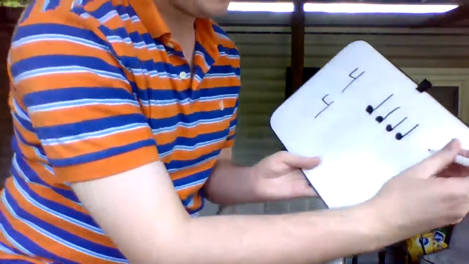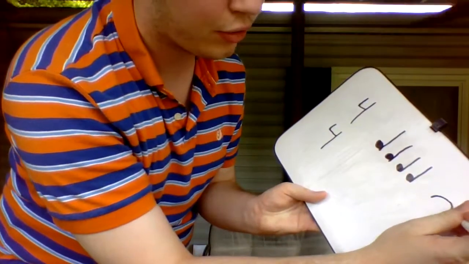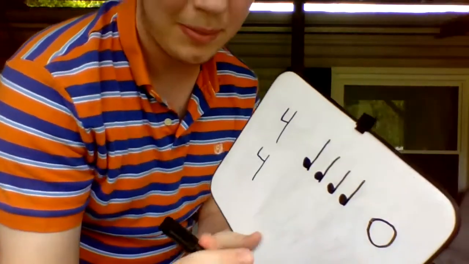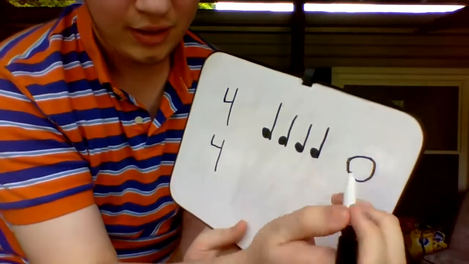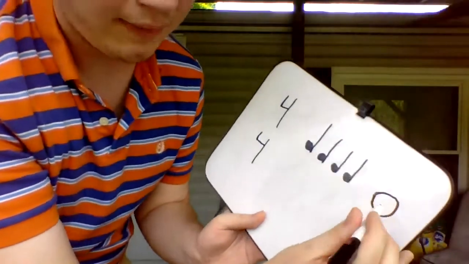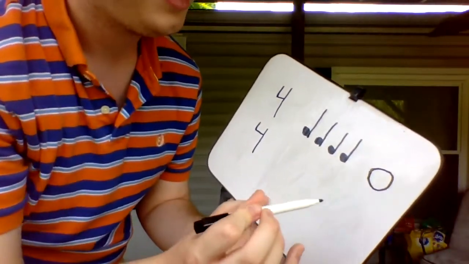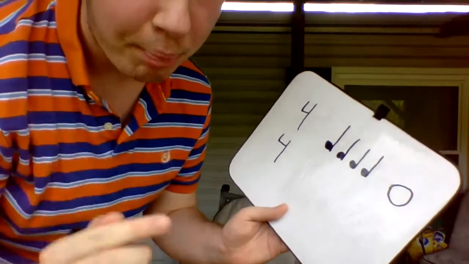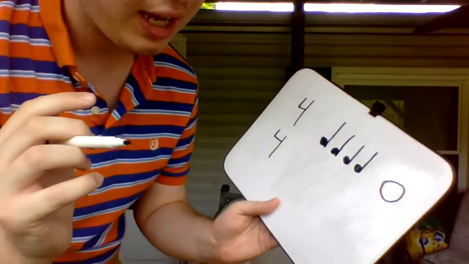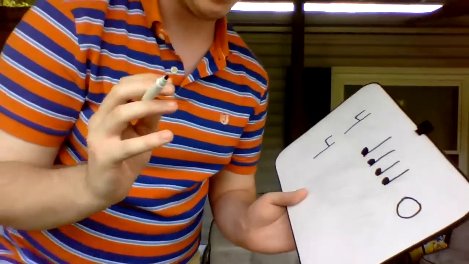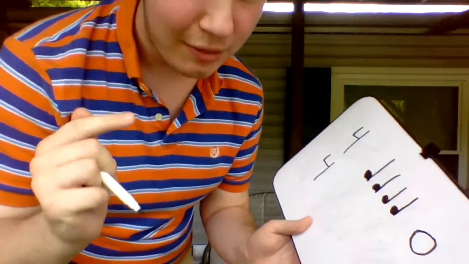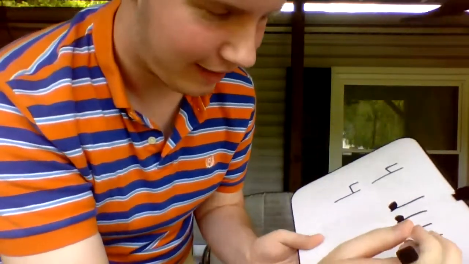Now if this is a beat right here, pretend this little circle is a beat, we can subdivide this, right? If I had 4 of these beats and I wanted to break them up in half, I could go like that.